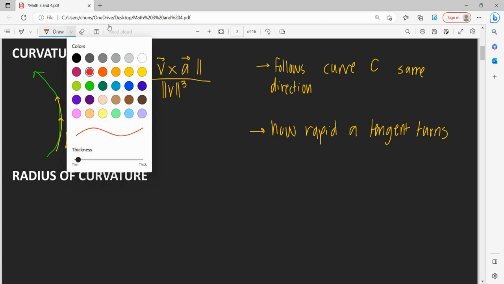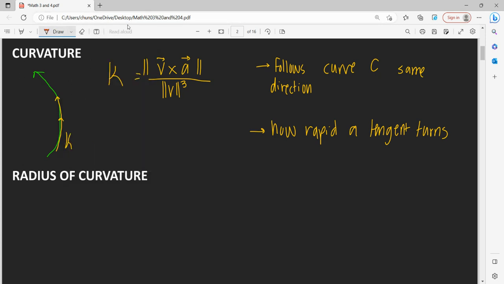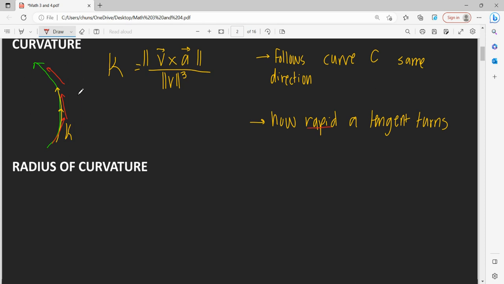So that's basically saying how fast a tangent line is moving. So if we drew a tangent line here, the next point tangent line here, next point tangent line here. So this basically just defines the rate of how that tangent line will turn across that curve.